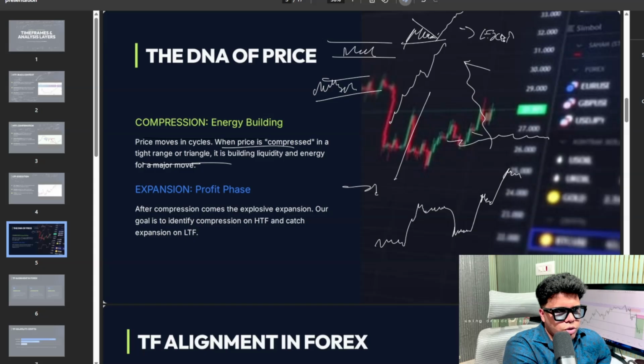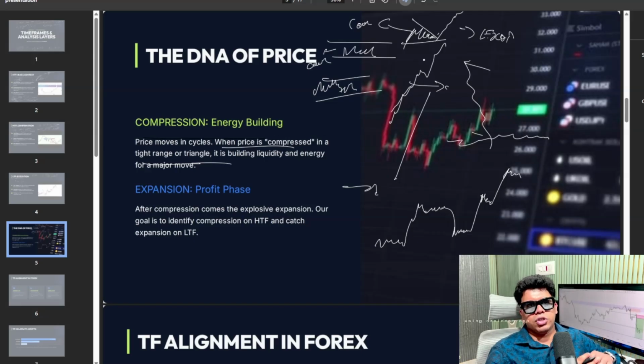It's called compression, and then it's called expansion, this momentum. Expansion momentum means the price breaks out or breaks down from that compression, and after that it's going to give a quick momentum towards the upside or the downside. It's going to create a rally, it's going to create a trend. That's what the expansion is doing here.